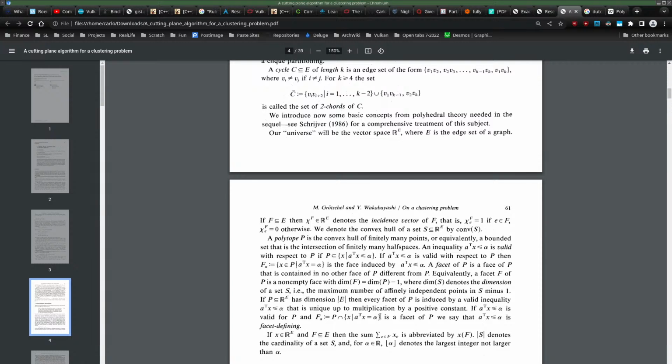Well, they already did that. Looks like the same definition to me.